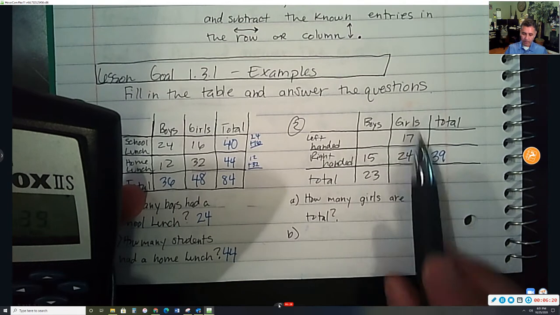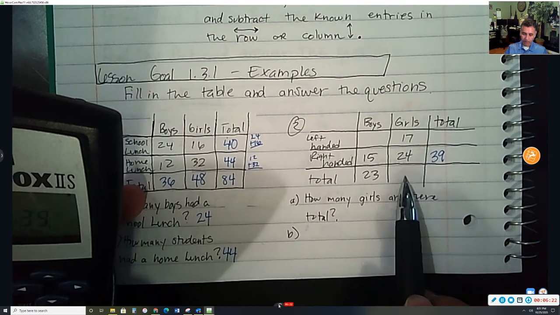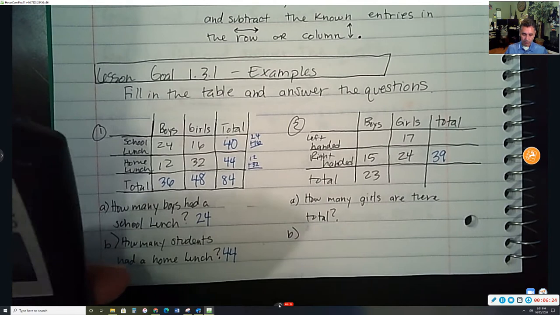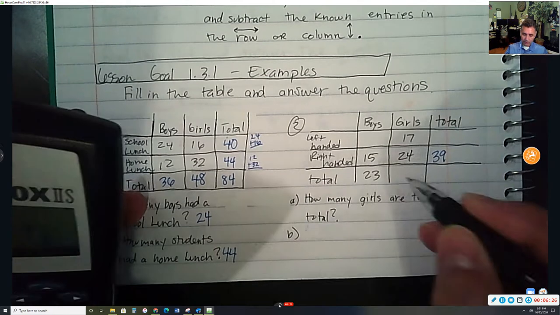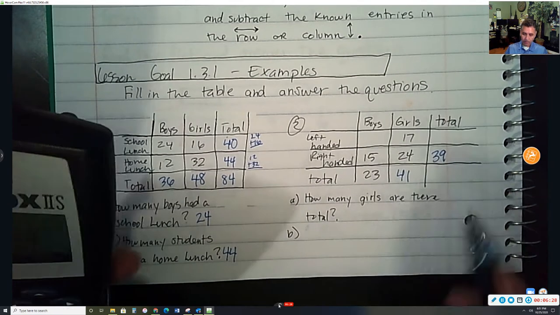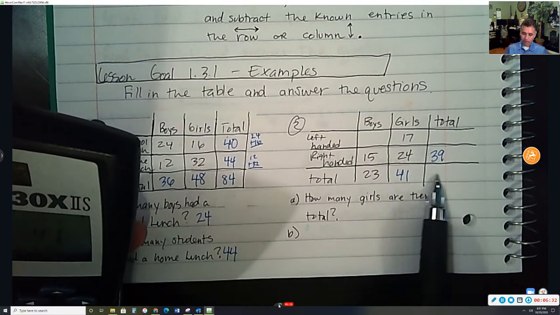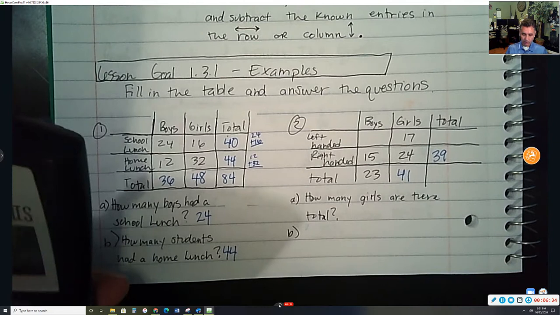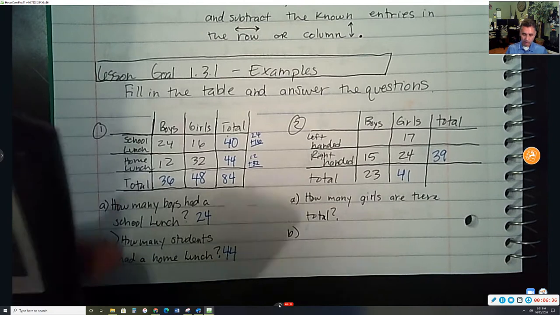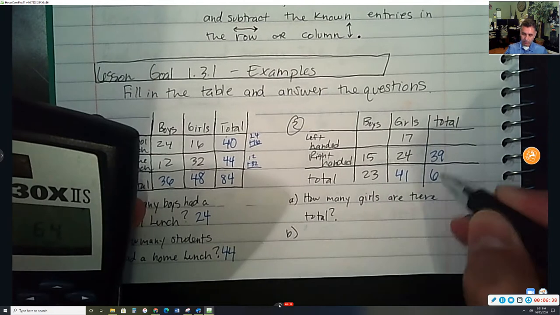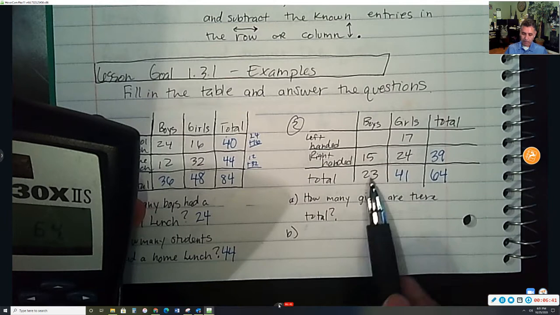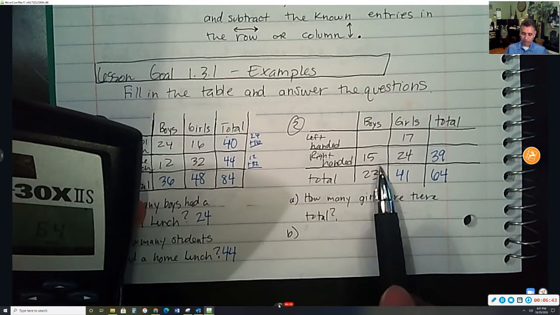And then I can add these two to find the total going down. 17 plus 24. That's the total going down. And then I can also find the total going across this way. So that's 64.